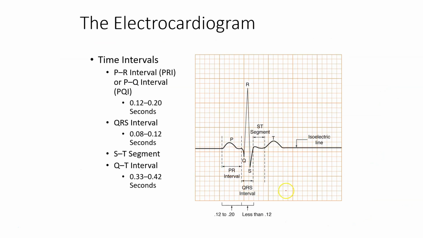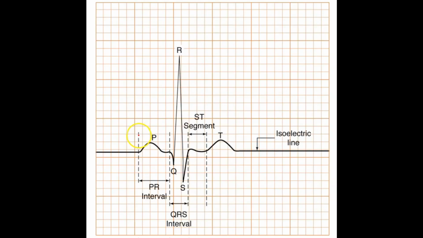So when we take a look at times, we're finding out a couple of different things, such as the PR interval. Our PR interval is measuring where the P wave starts, where the SA node has fired, and we're measuring how long it takes for it to be held up at the junction, and that tells us whether or not things are running normally. So we measure from the beginning of the P wave to the beginning of the QRS complex.